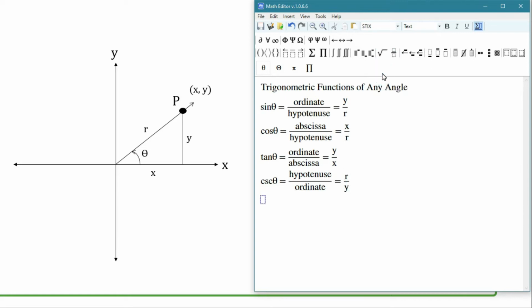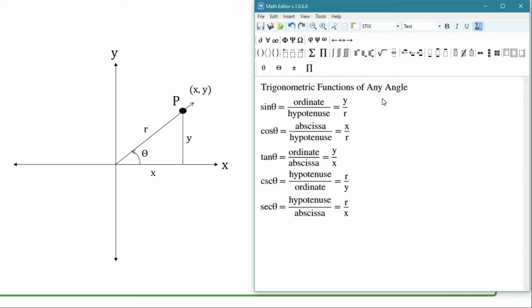Next is the reciprocal of the cosine function, the secant function. Secant theta is the reciprocal of cosine, that is hypotenuse over the abscissa, or simply r over x.